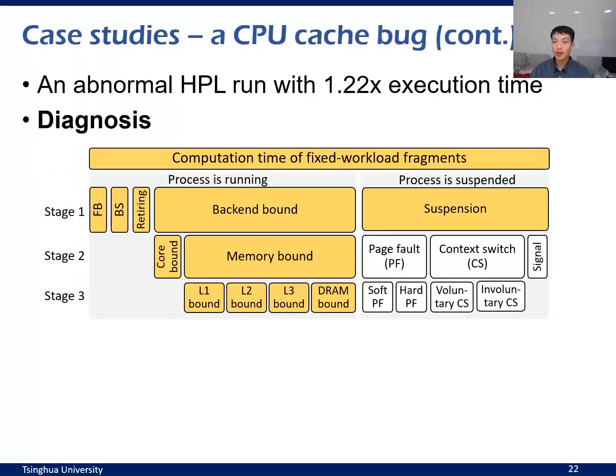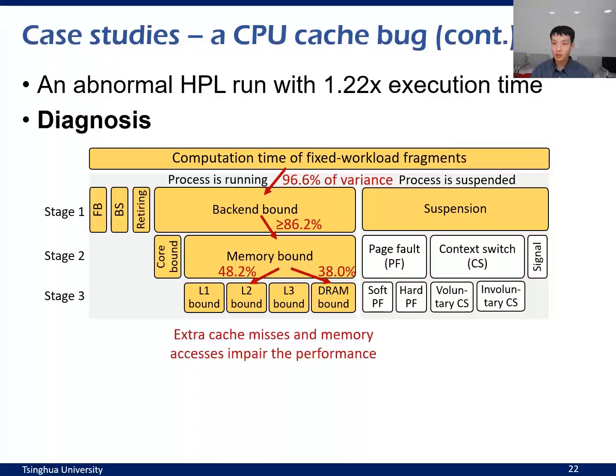To diagnose this variance, we focus on the report from Vapro. On this variance breakdown model, Vapro shows 96% of the variance is caused by back-end bound, and more than 86% of overall variance is from memory bound. At the last stage, it shows level 2 cache and DRAM contribute about 40% of overall variance, respectively.